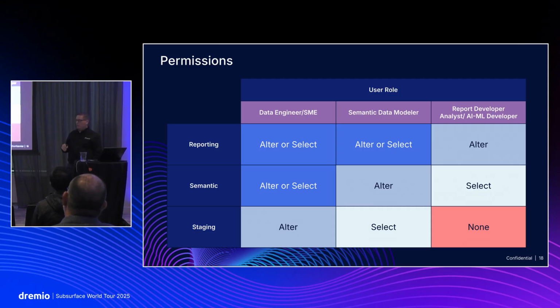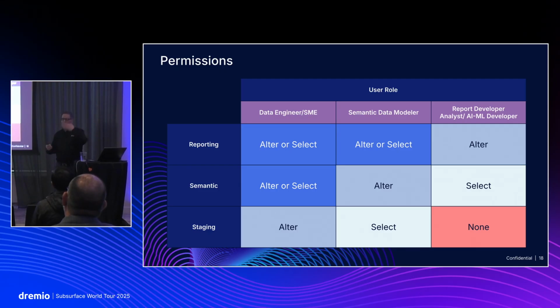But usually you do have the staging layer protected, and really no one needs to see that. They don't need to know what the physical column name is, or, if we're using Iceberg tables, what the actual table name is.